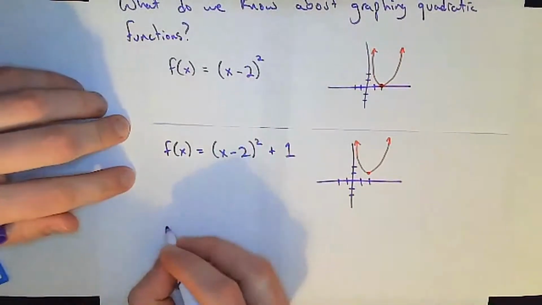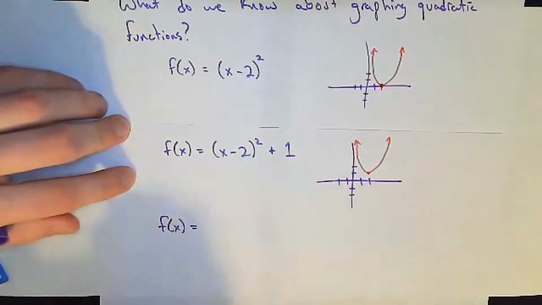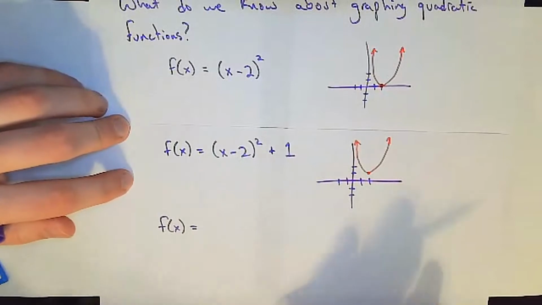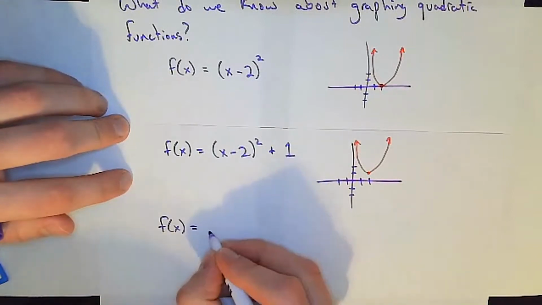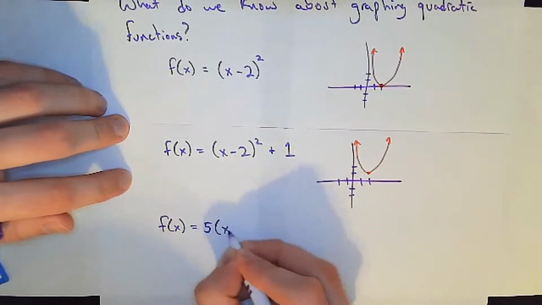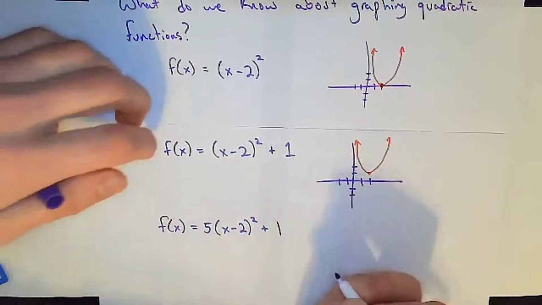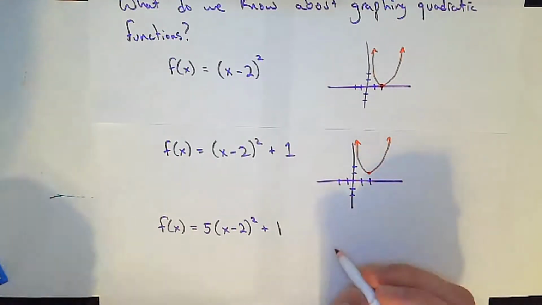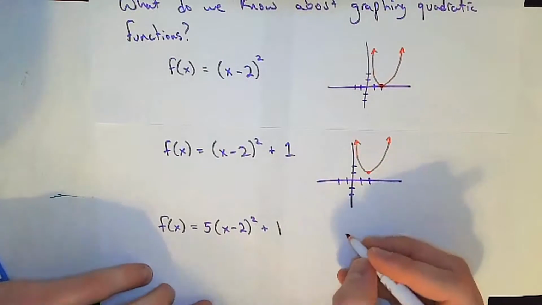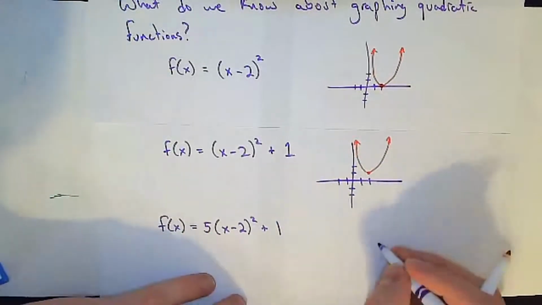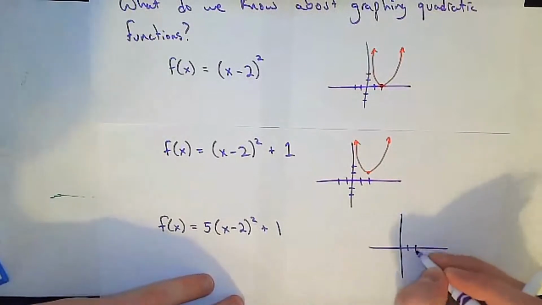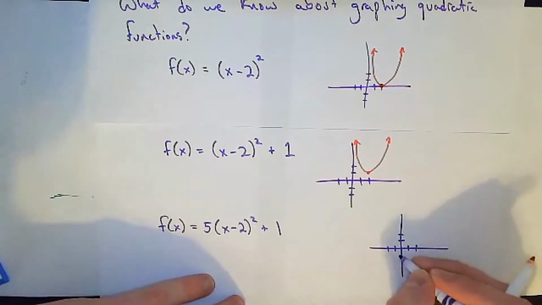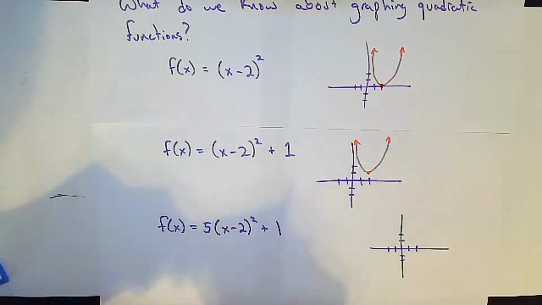But what else do we say? I know that if I stack a number out front that's bigger than 1, like say 5 times x minus 2 all squared plus 1, then that's the same as having that parabola in the same spot, over 2 up 1, over 2 up 1.